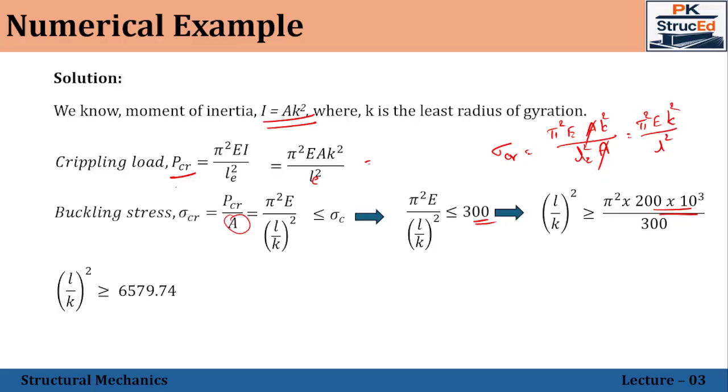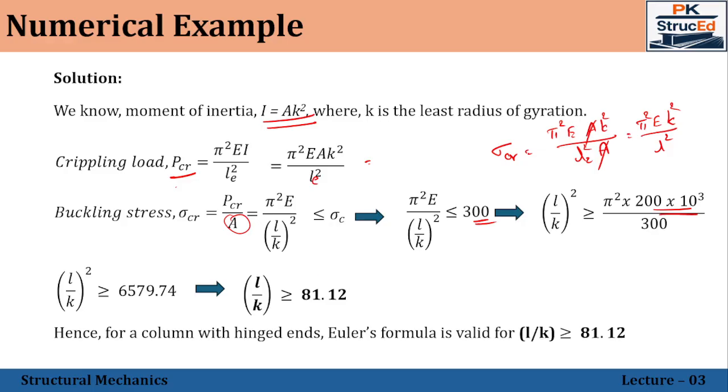Solving that, we get L by K whole square should be greater than or equal to 6579.74, and taking the square root on both sides, L by K should be greater than or equal to 81.12.